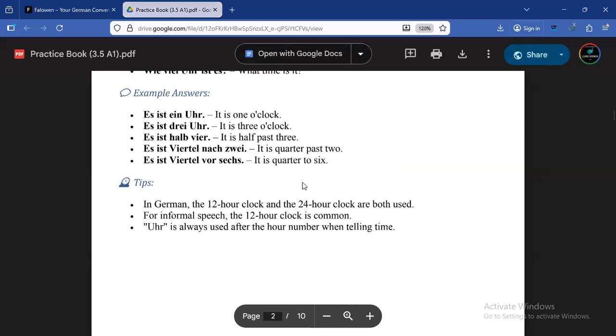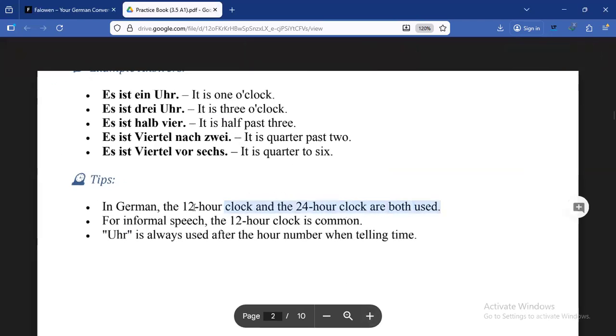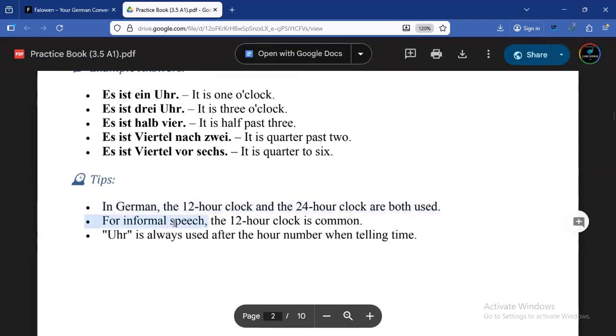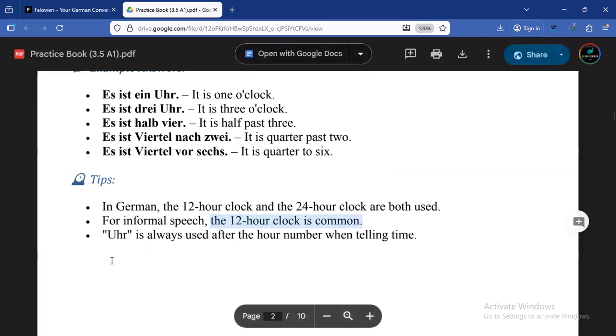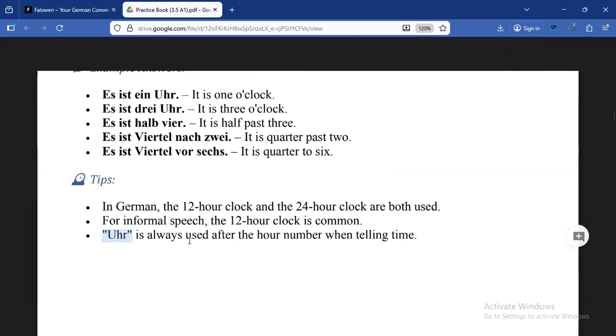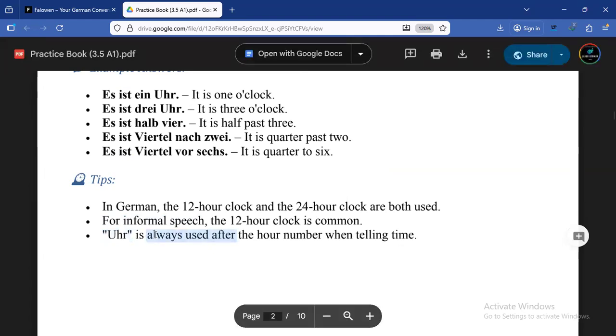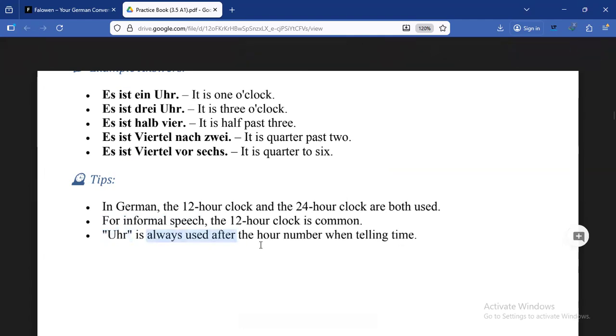I also told you guys that in German, the 12-hour clock and the 24-hour clock are both used. For informal speech, the 12-hour clock is common, right, for informal context. And when you are writing Uhr in German, please make sure that Uhr is capitalized and is used after the hour number when telling time.